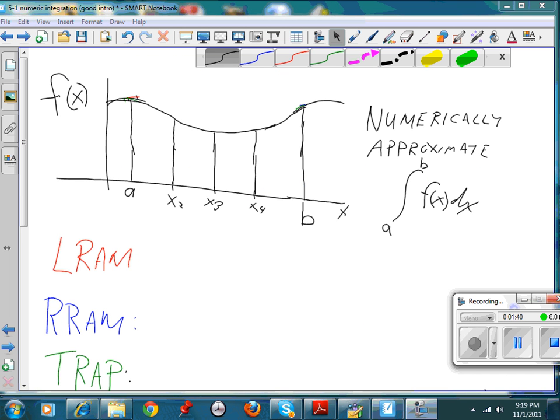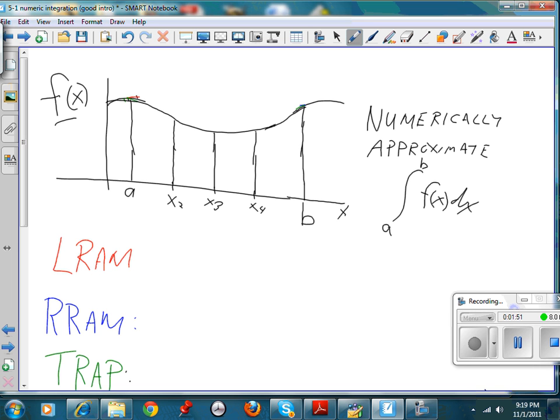Okay, back to our study of integration, and we're looking at this function f of x. We're trying to approximate the area under the curve. Notice we have these various x values: a, x2, x3, x4, and b. Our interval is going from a to b. We know the heights here.